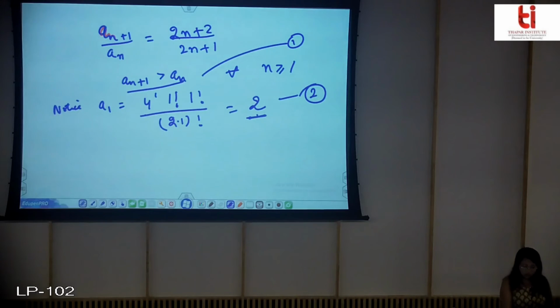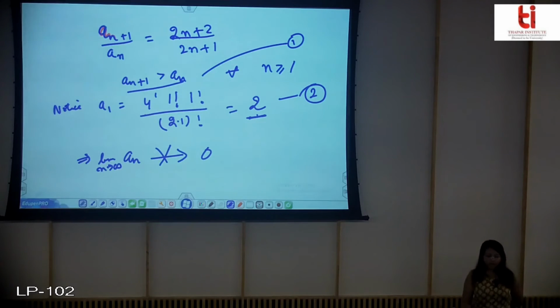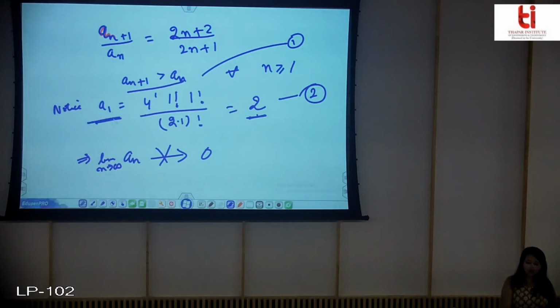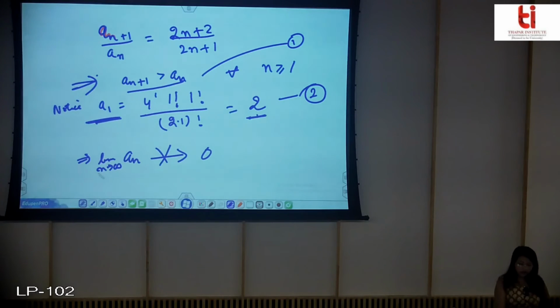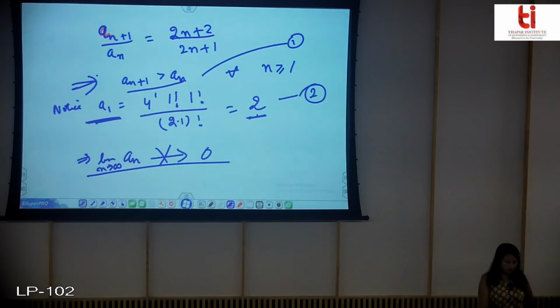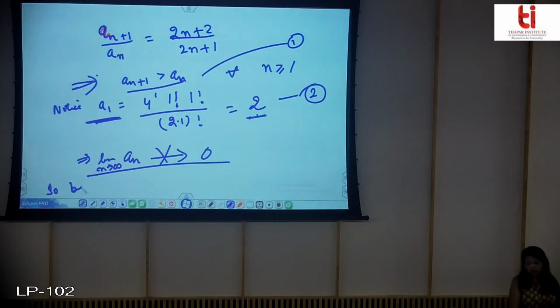So this implies that a_n will not go to 0 in any way, from these two observations: it is increasing and a_1 is 2. It starts from 2 and it increases.